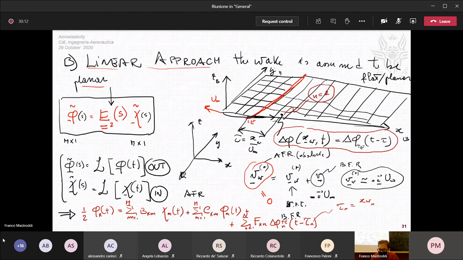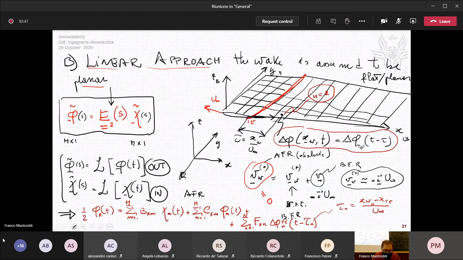So the delay time associated with panel 2 is equal to the x coordinate of panel 2 minus the corresponding trailing edge, so you have to consider this distance, divided by u infinite. This is the simple evaluation of this time delay.